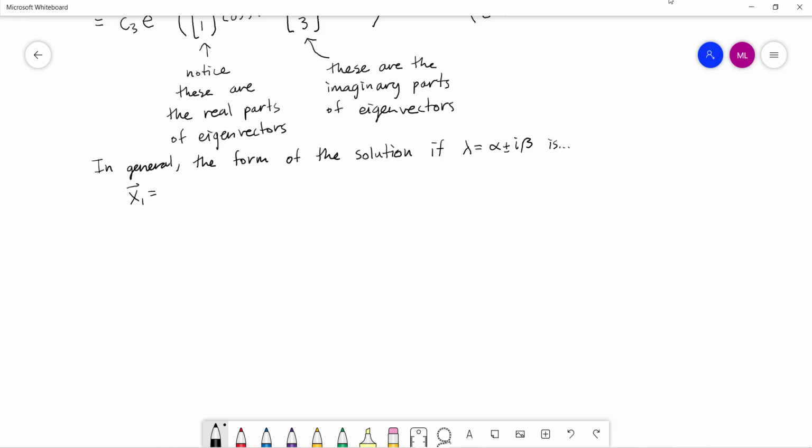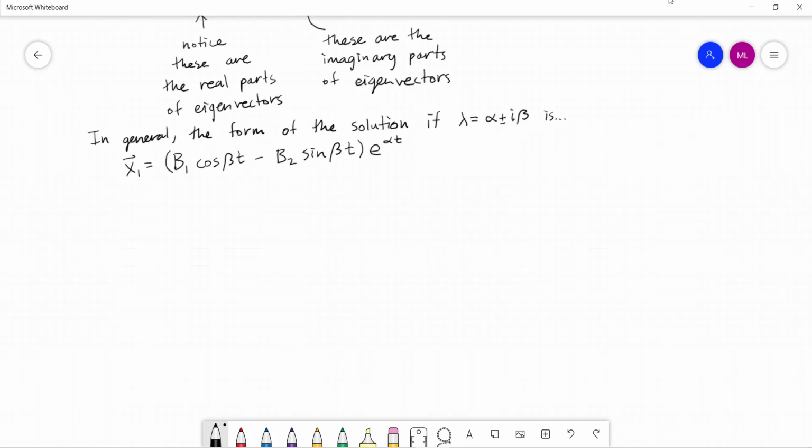It's going to look like basically some constant. We can call it whatever we want. I'll call it, I think we haven't used a capital B yet. So b1 cosine of beta t minus b2 sine of beta t, times e to the alpha t.